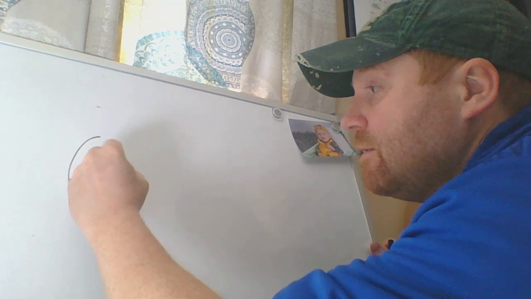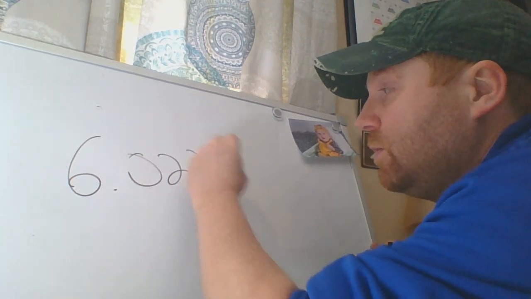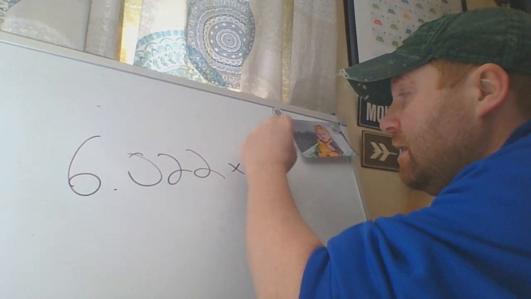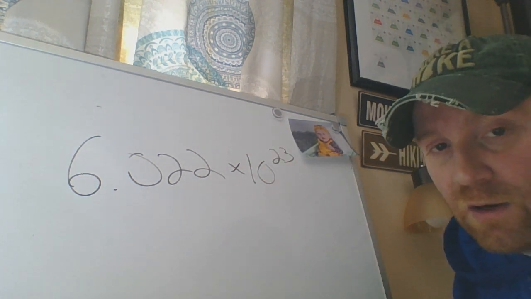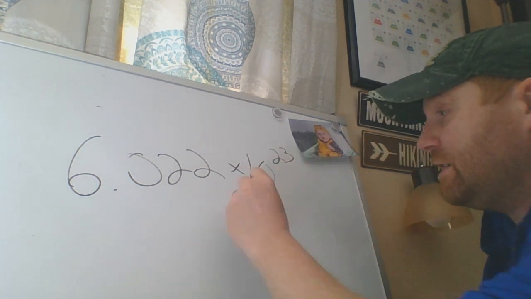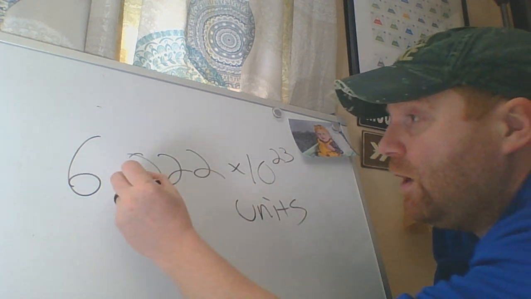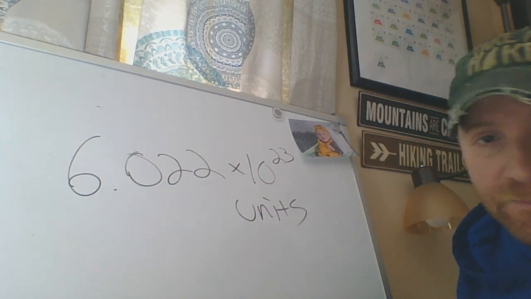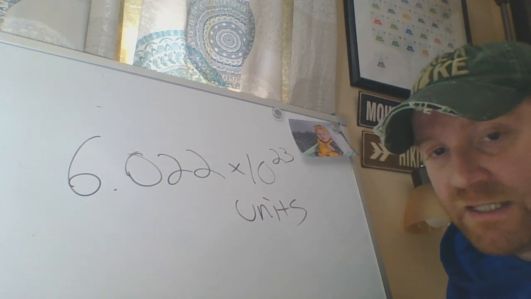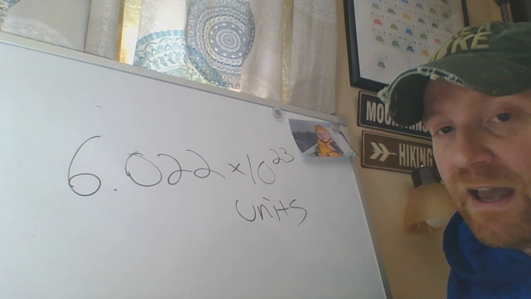Well, a mole of anything means 6.022 times 10 to the 23rd units. That's a number that you are going to have to memorize. 6.022 times 10 to the 23rd units of anything.